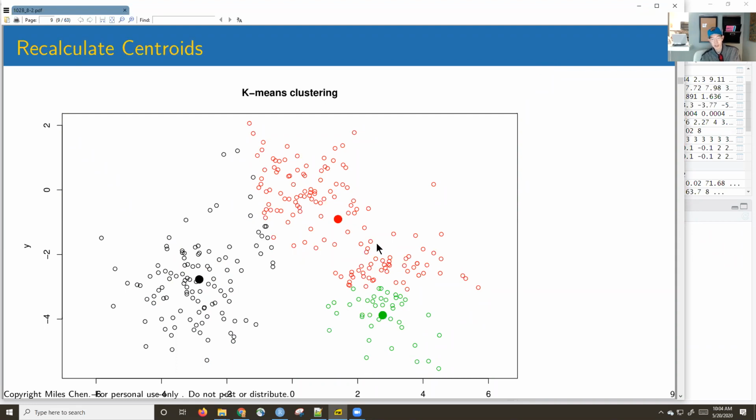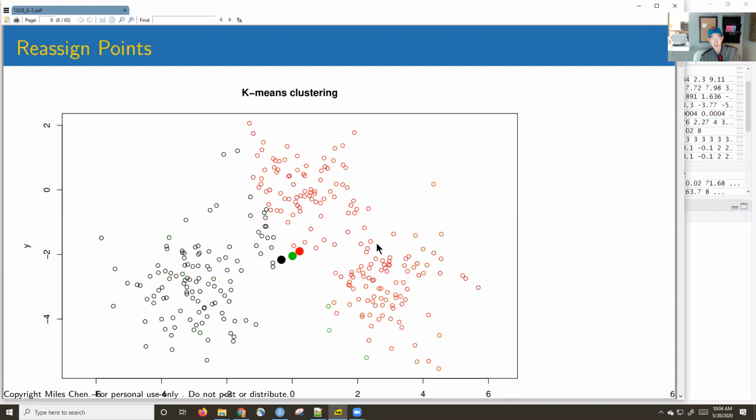And we recalculate the centroids, redo the assignments, recalculate the centroids, redo the assignments, and this time when we redo the assignments, there's been no change, so this is when we say it has converged. It's kind of neat to see, right?